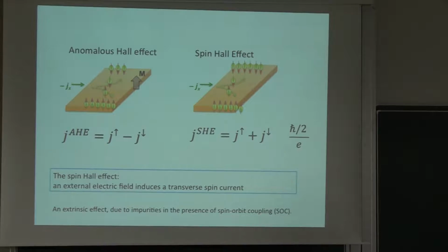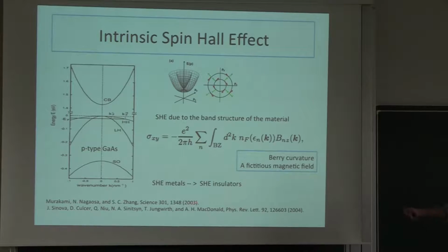And from this picture, people thought for years that this kind of effect is simply from scattering, like impurity, and took it as an extrinsic effect. Well, this is true, it happens in many materials. Then until 2003 and 2004, at that time, this is Hiro's generation.